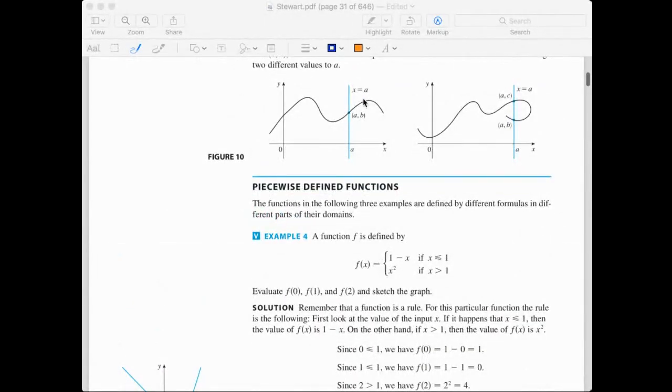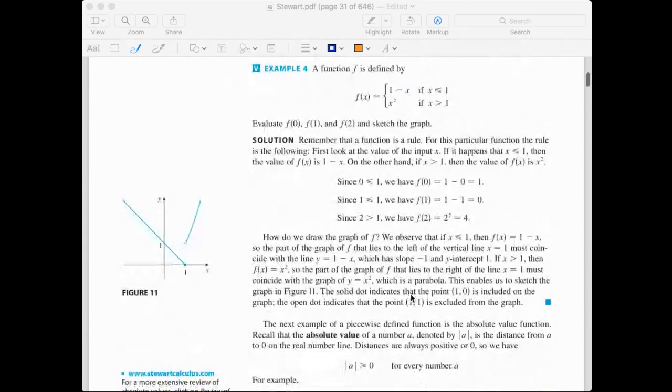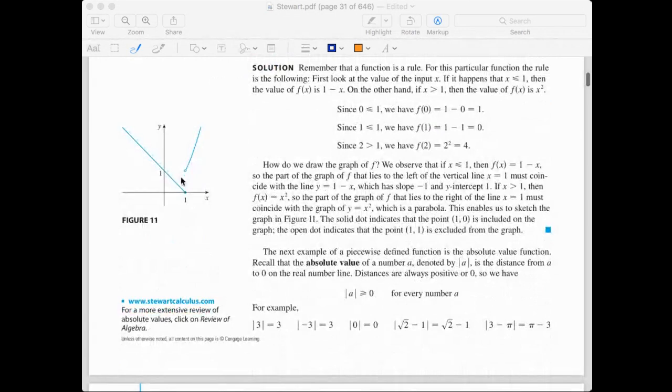We have one piece of string, always a continuous function. Oh, this is not a function. This fails the vertical line test. If one x value gives us two y values, two function values, that's not a function. It's a certain relation, but it's not a function. Okay, now let's take a look at this function.